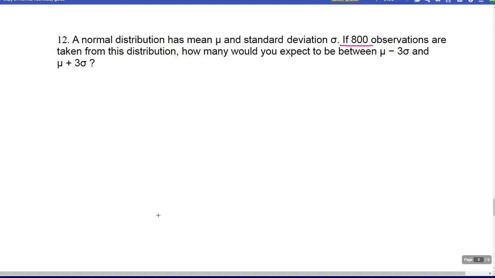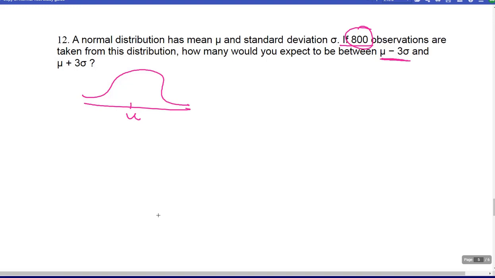A normal distribution has a mean of mu. That's in the middle. Now I want to find, if I have 18 observations, what would I expect if the numbers I'm looking at are 3 standard deviations above the mean and 3 standard deviations below the mean?